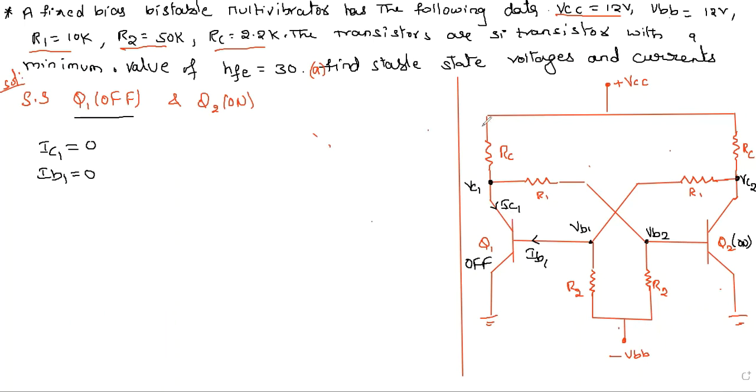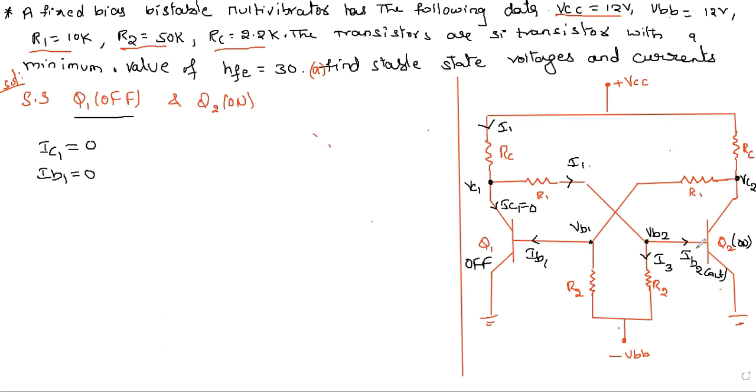Now some current flows through this branch, let us consider it to be I1, and the current flowing to IC1 is 0. As IC1 is 0, the complete I1 will flow to this R1. Out of this I1, some current will be split as I3, the current in this branch, and the current flowing here is IB2 actual.